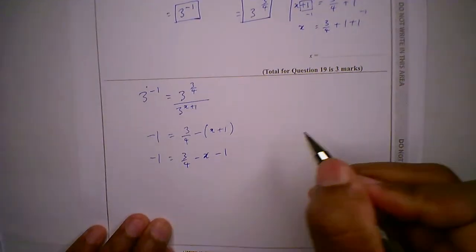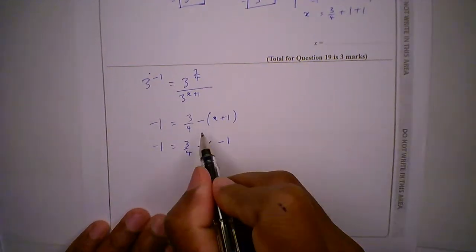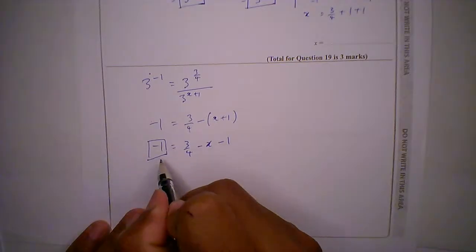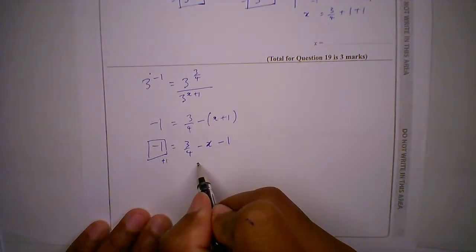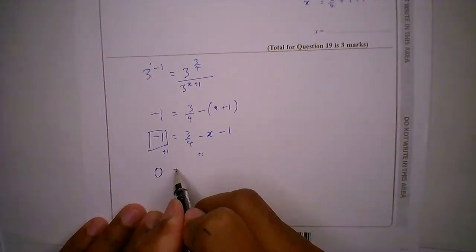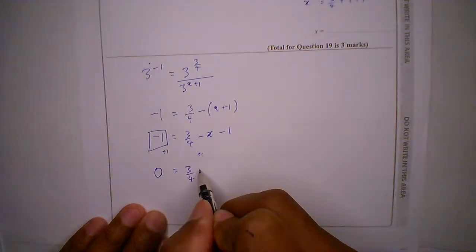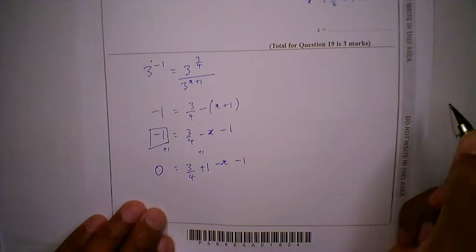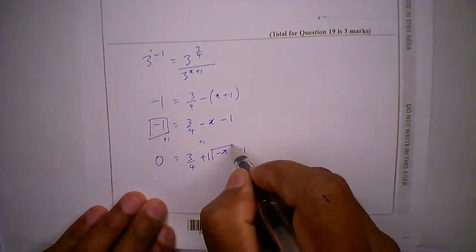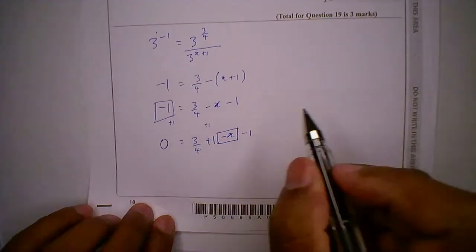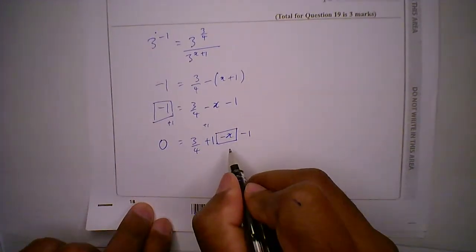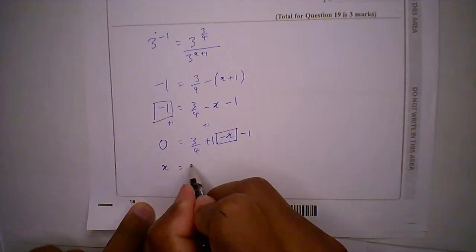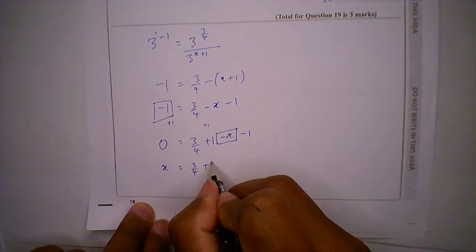There we are. Now I can bring this to the other side. The opposite is plus 1. If I write this out neatly, 1 equals 3 over 4 minus x minus 1, with plus 1 on the other side. Now I can get rid of the x by taking it to the other side. The opposite of that is plus x. So x equals 3 over 4 plus 1 minus 1.